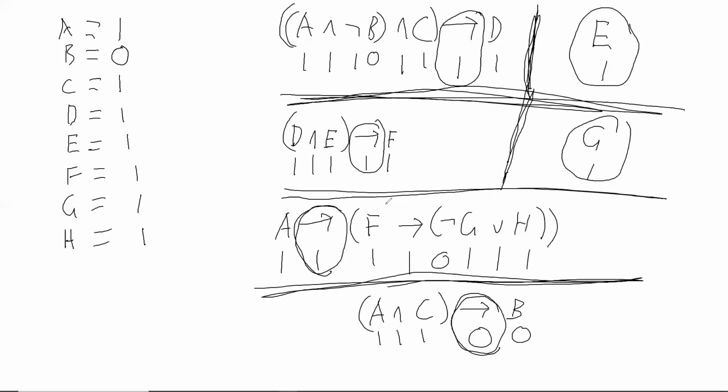Oh yeah, so one issue that sometimes came up is that people would give a counterexample that wasn't actually a counterexample. Like it would make a premise false or the conclusion true. And that doesn't work because the counterexample is supposed to make all the premises true and the conclusion false.